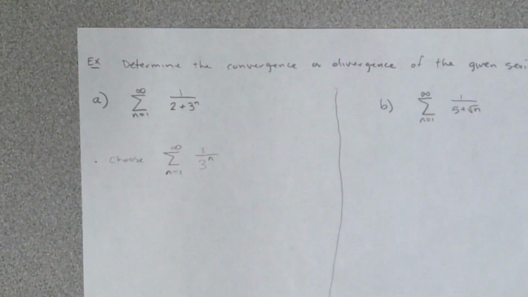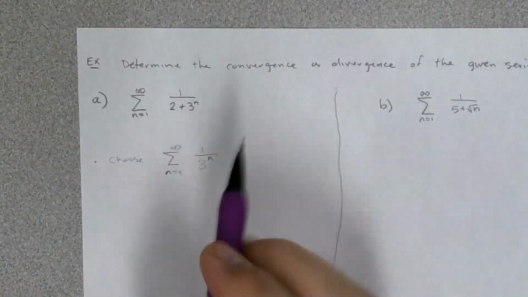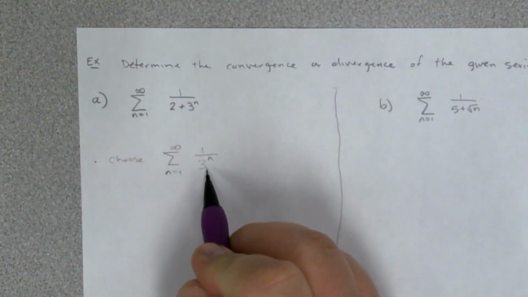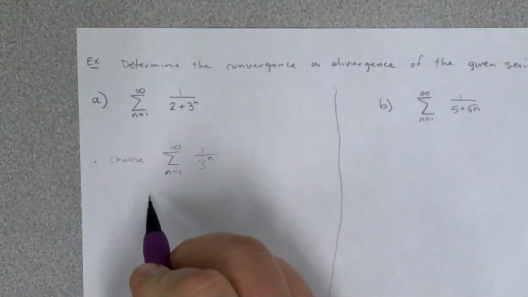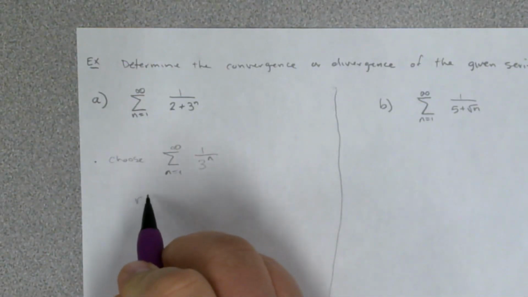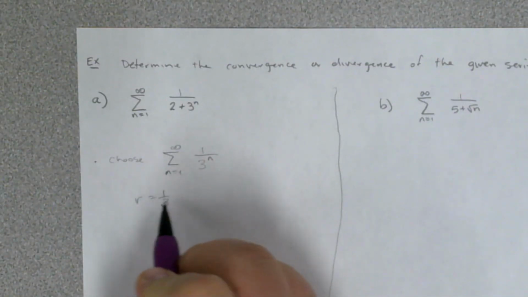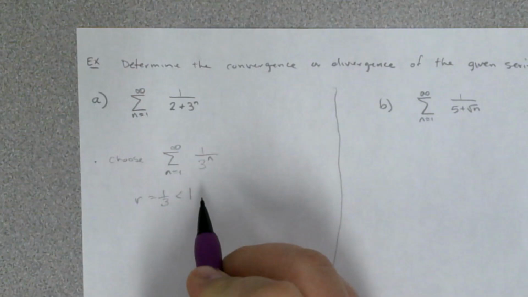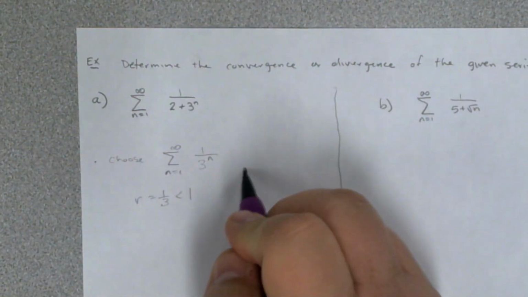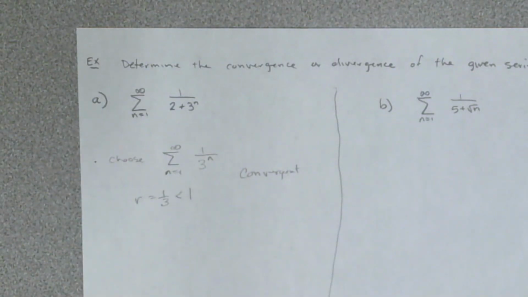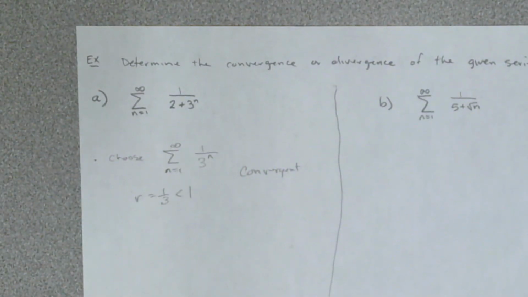By looking at this, we can see that this is a geometric series where r is equal to 1/3, which is less than 1. So we know this is convergent by the geometric series.